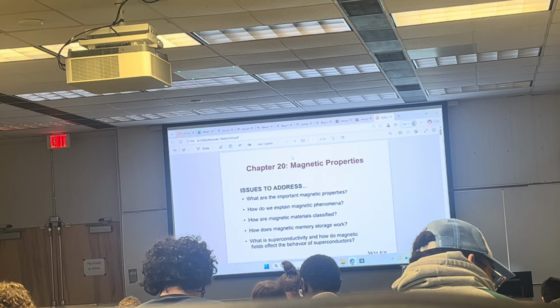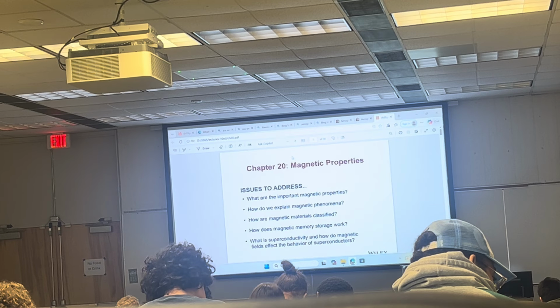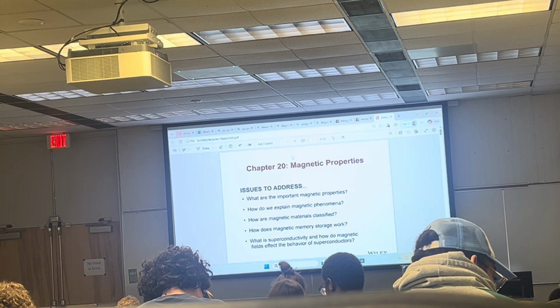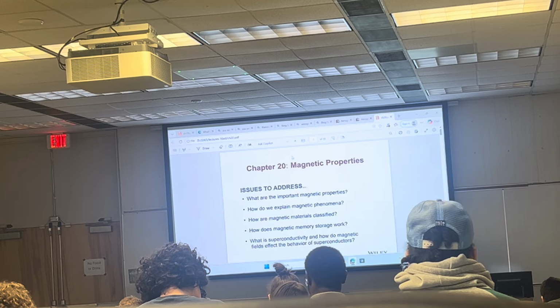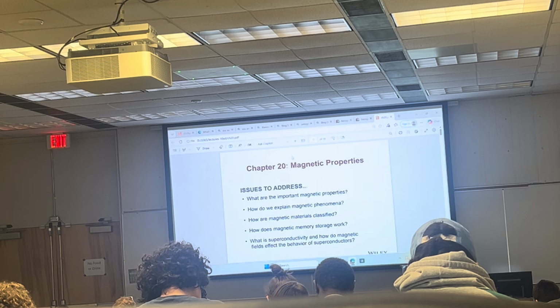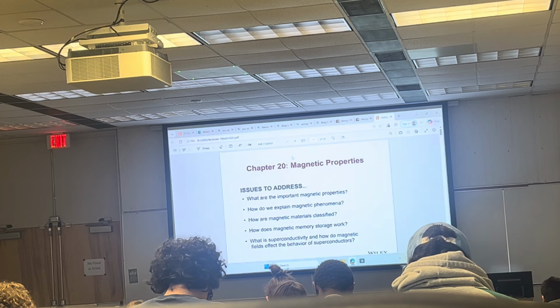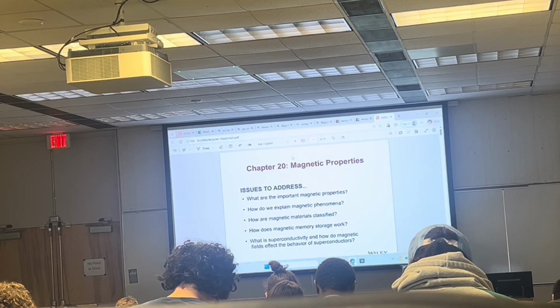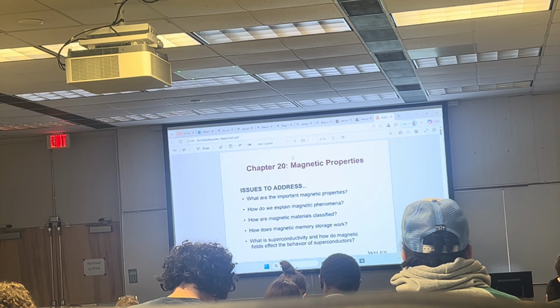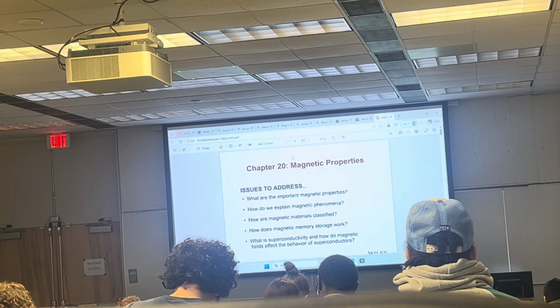Have you ever played with magnets? What's a magnet? When you travel, do you have magnets on your refrigerator? Who does not have magnets on their refrigerator?